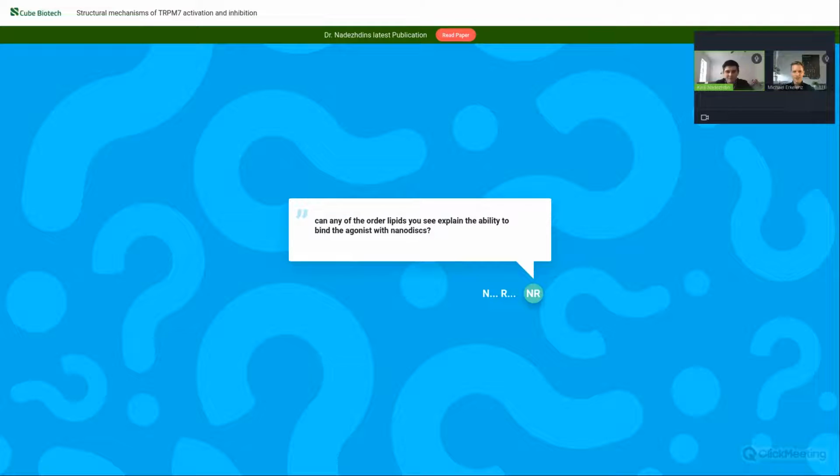Okay, nice. Great. The next question was asked by Bernd Lünemann, and he's asking, is the improvement in resolution calculated with a similar number of particles, and are the B factors comparable? Oh, this is an excellent question. Yes, the number of particles is very similar, and the B factors for TRPM7 in nanodiscs are lower.